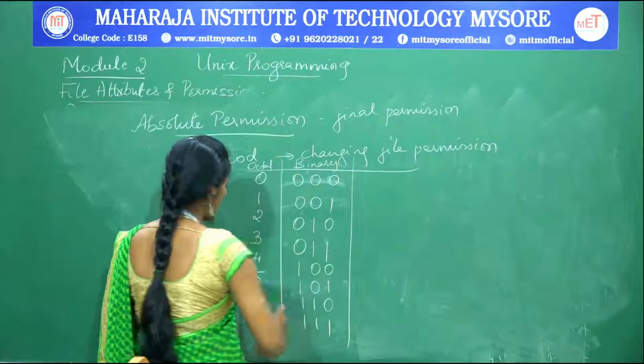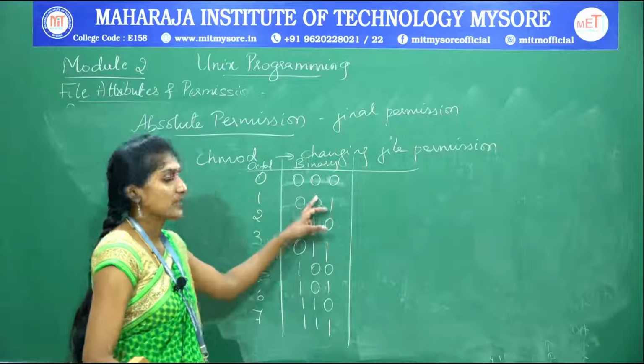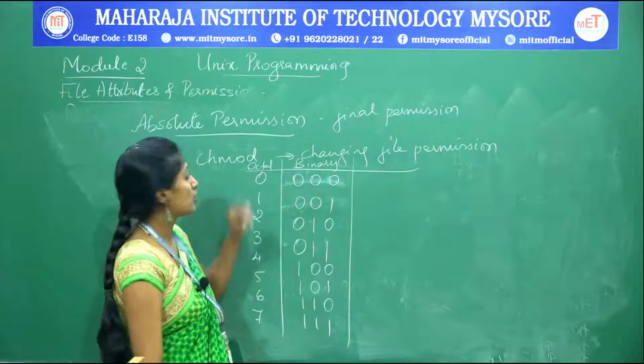And now how to represent this binary representation with the file permission for an absolute permission.